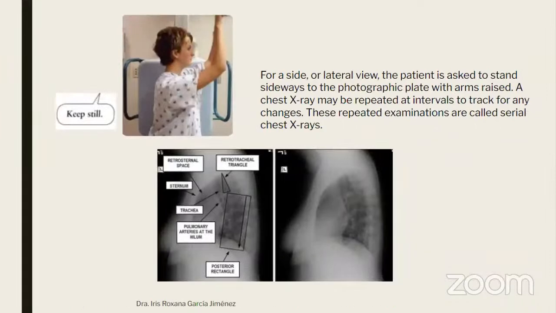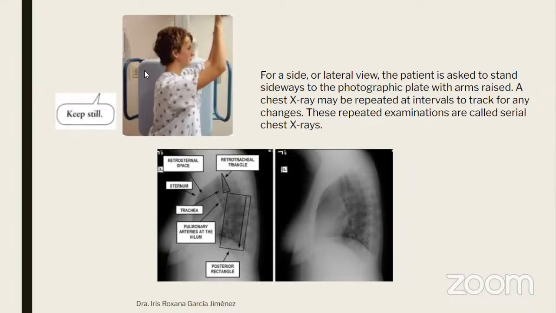When the patient takes the air, we should say, keep still. I mean, don't let the air out, keep still, don't move, keep still, okay? When we consider a lateral view, the patient is asked to stand sideways to the photographic plate.